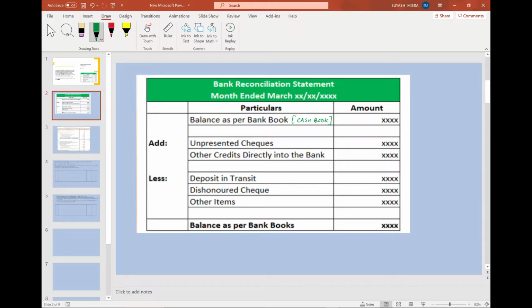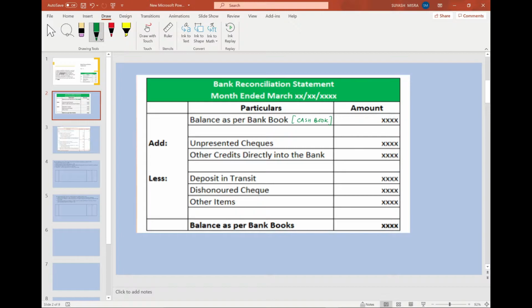I would start with the last balance of the cash book, and I would start reconciling. That means whatever the checks, for example, checks which have not been presented: the company has already issued the check but it has not been presented, right?